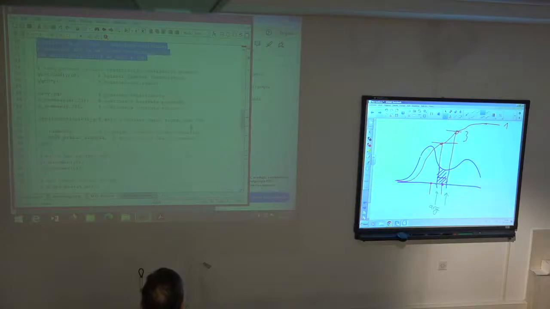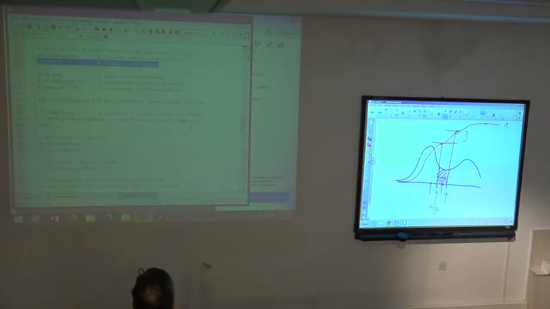The actual quantization: I divide the signal by the step size, I round it, I get the output index yi, and I multiply the index by the step size to get the quantized signal, yq. I take the difference of the actual signal and the quantized signal, that is the error, and I find the sample mean of the squared error, and the sample mean of the squared signal.